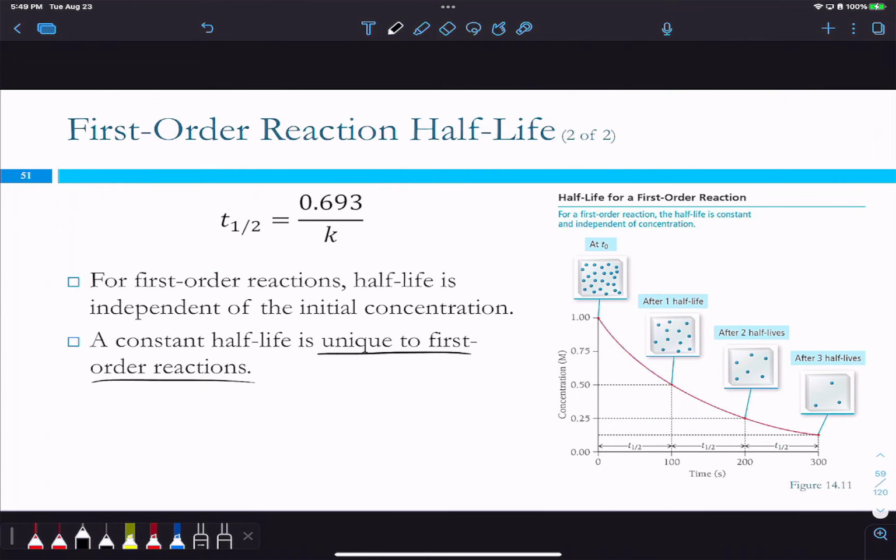I'm going to do this a little more later, but part of the reason is that in a first order reaction, the rate is directly proportional to the concentration. So if your concentration gets cut in half, your rate also gets cut in half. So the reaction slows down at the same rate that the concentration drops. So the time that it takes to get to another half always remains the same.